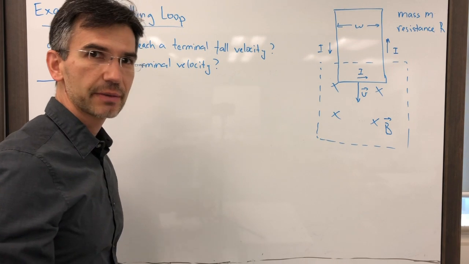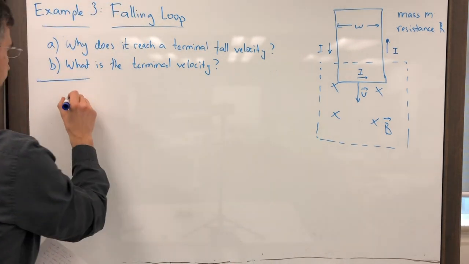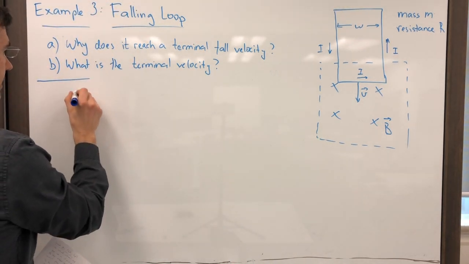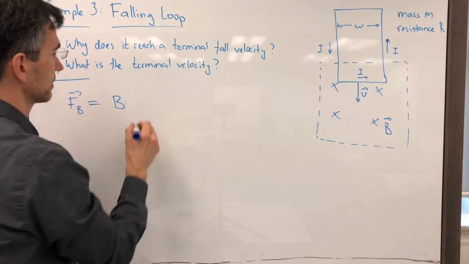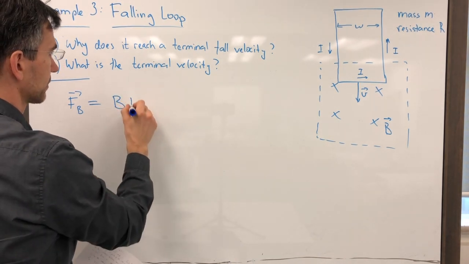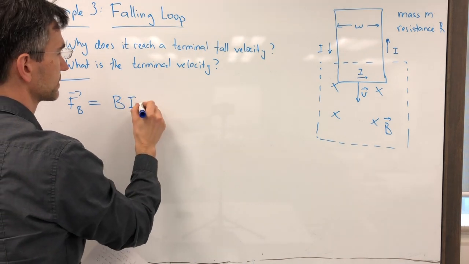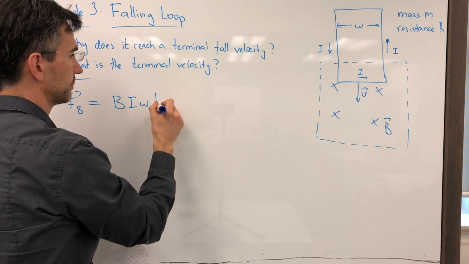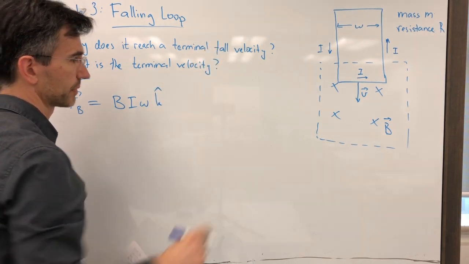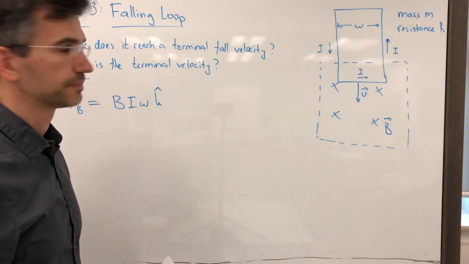And the magnitude of that magnetic force, as we know, is going to be equal to the magnetic field strength times the current going through times the width or the length of this conductor, and it's going to be pointed in the vertical direction, in the k direction here.